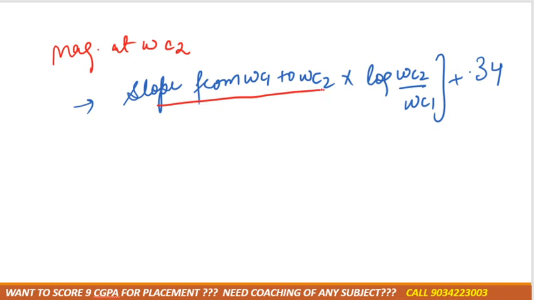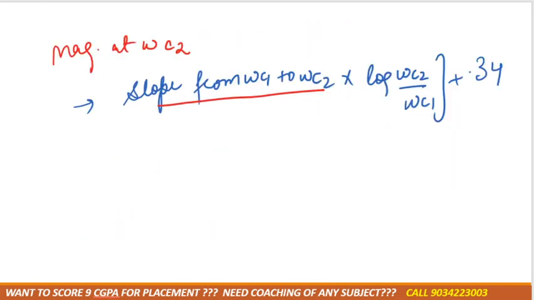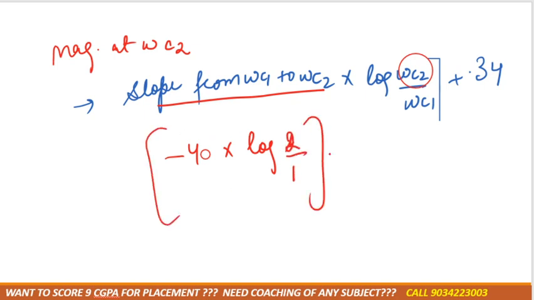So slope from omega c1 to c2, we already got it, that is minus 40, correct? So minus 40 into log of 2 divided by 1, right? Plus 30. After solving it, we'll get 22 decibels.